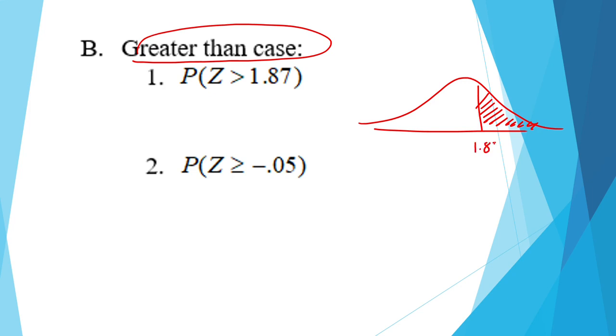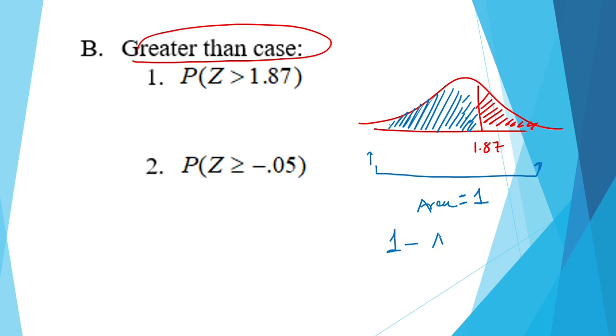The area given to the left is the area here in blue. I want the area in red, but I know something else. The total area is equal to 1. That means if I want to find the area to the right, all I have to do is subtract 1 minus the area to the left, and that's going to give me the area on the right.